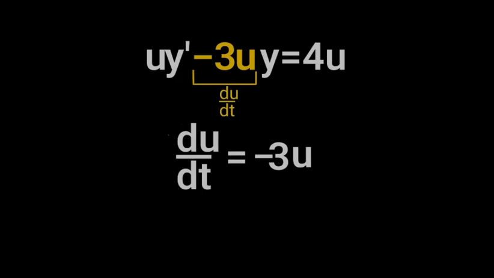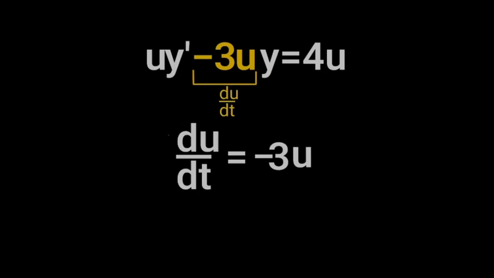Now, once we have it in this form, we're going to integrate it and then solve for u. To integrate, we need to have u on one side and t on the other side. Let's have u on the right side, t on the left side.